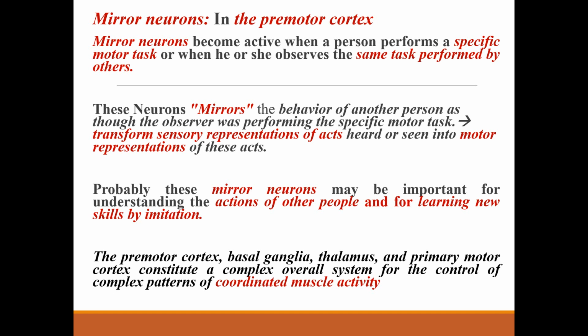Probably the mirror neurons may be important for understanding the actions of other people and for learning new skills by imitation. The premotor cortex, basal ganglia, thalamus, and primary motor cortex constitute a complex overall muscle system for the control of complex patterns of coordinated muscle activity.